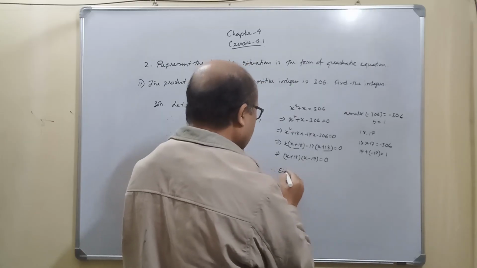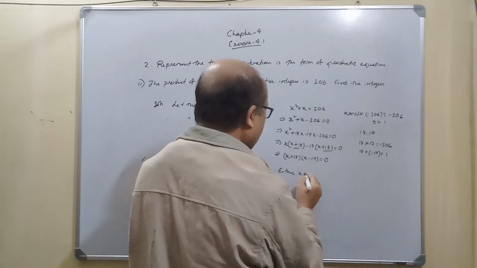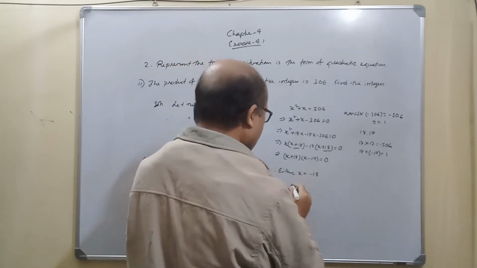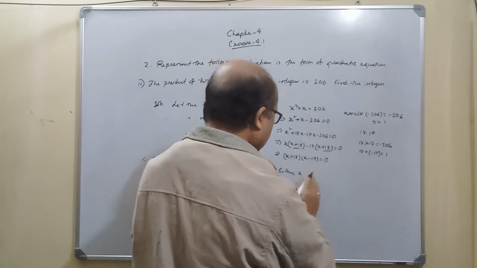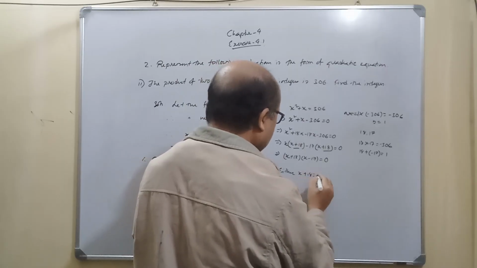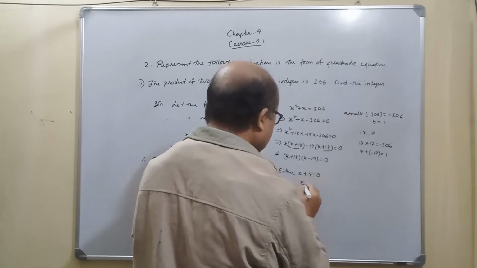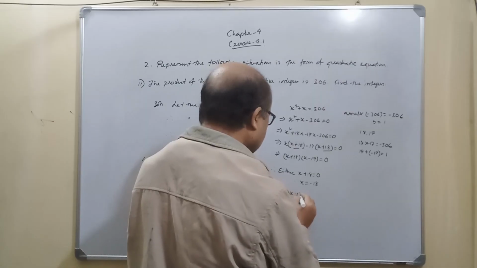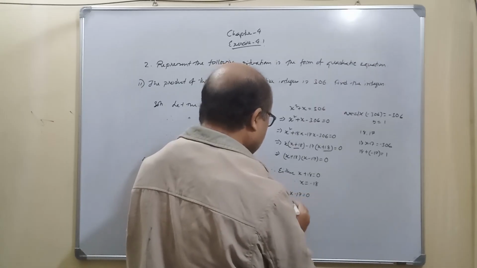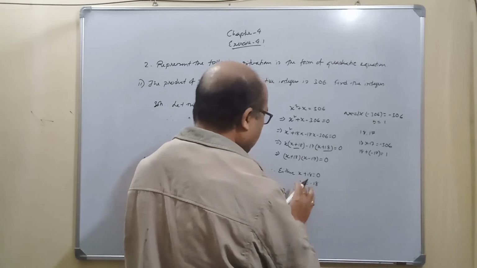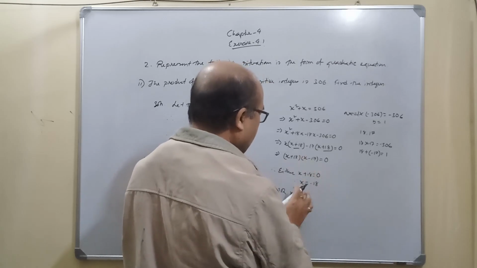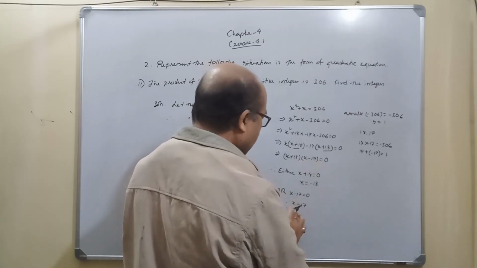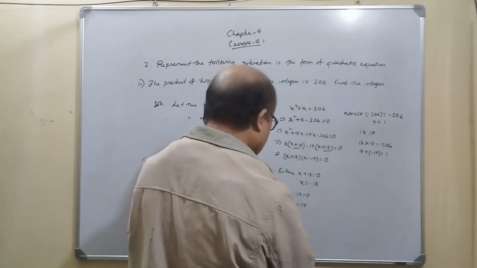Hence, either x plus 18 is 0, hence x is equal to minus 18, or x minus 17 is 0, hence x is equal to 17.